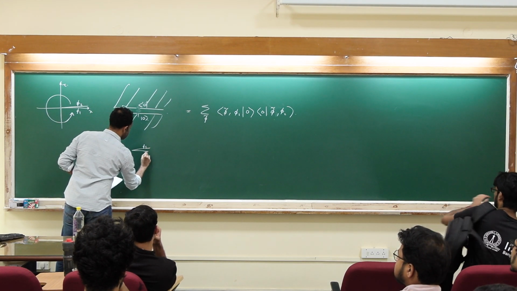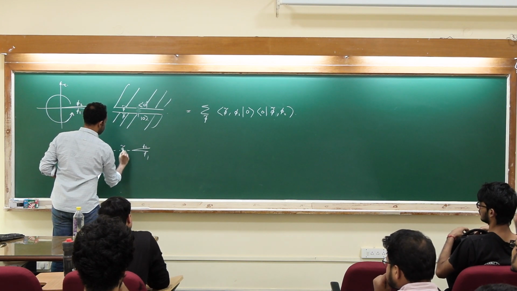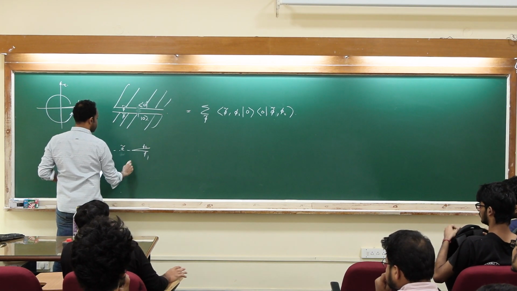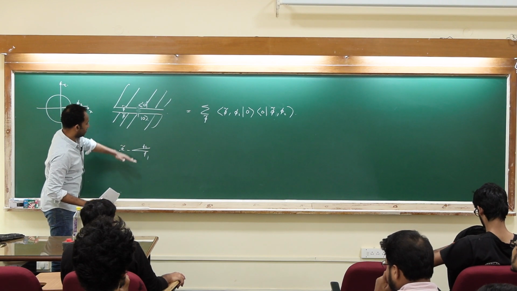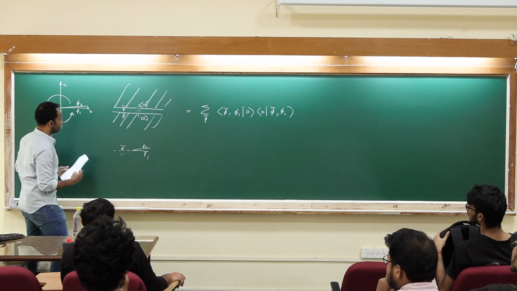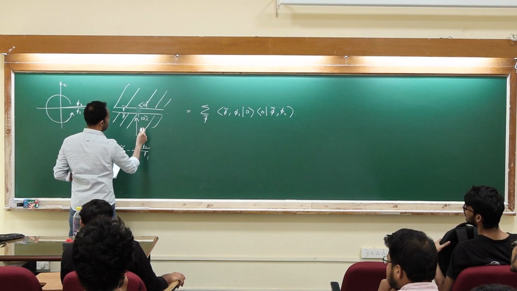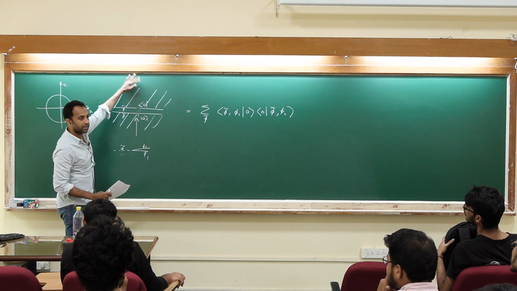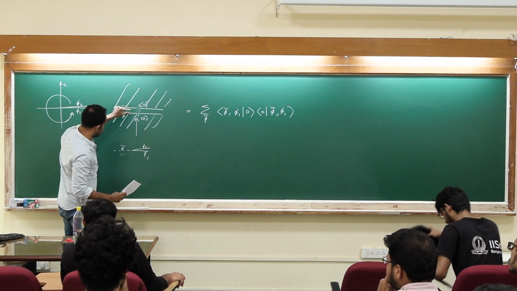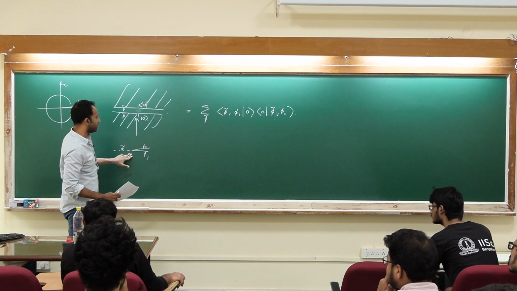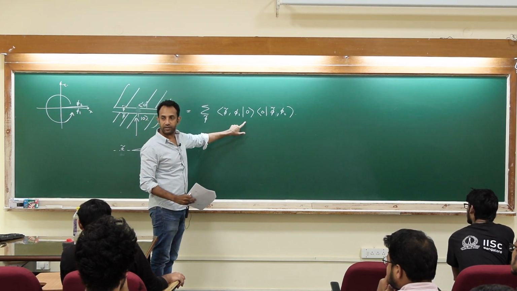This is phi 2, this is phi 1, and this is my phi tilde. I think of this path integral as the Euclidean time evolution in this direction to get me a ket, and similarly another one here. Then the two are joined here and integrated over here, given by this configuration.